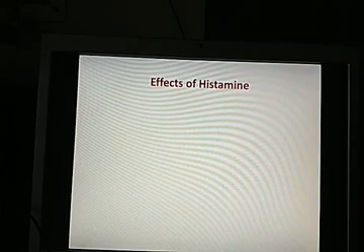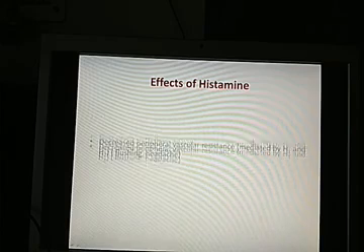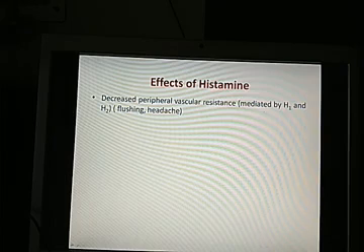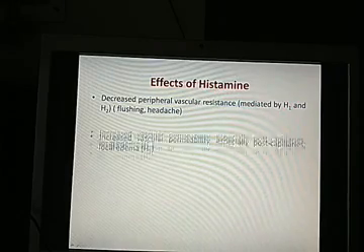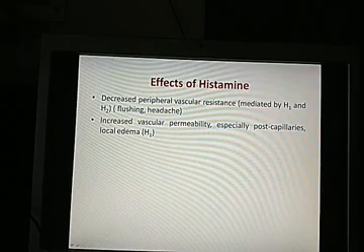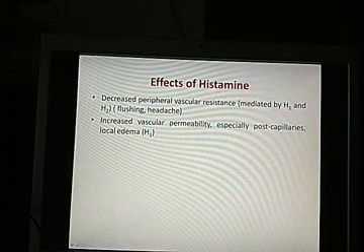Now coming to the effects of histamine. Histamine decreases peripheral vascular resistance. Now this effect is mediated by H1 and H2 receptors, and leads to flushing and headache. Histamine leads to increased vascular permeability, especially post capillaries, and it is responsible for the local edema.